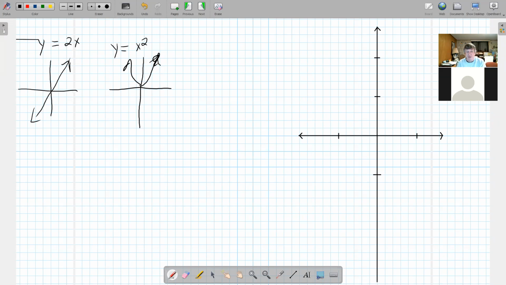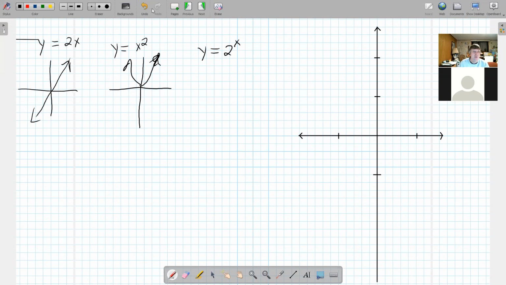Now we're going to be looking at what are called exponential equations or exponential functions. Those are of the form where the variable is the exponent. So for instance, y equals 2 to the x power.